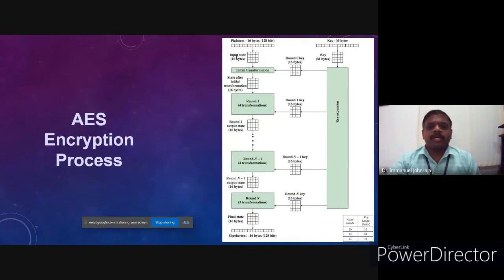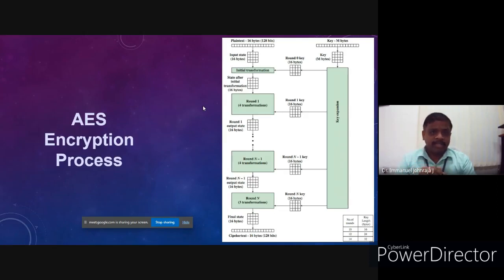Then it goes for the initial transformation. So what's happening in the initial transformation? Let's see that. After the initial transformation, the whole of it is again called the state, which means the 16 bytes of information, that is 128 bits, is again called a state. But the values in the state have changed because it has gone through a transformation.